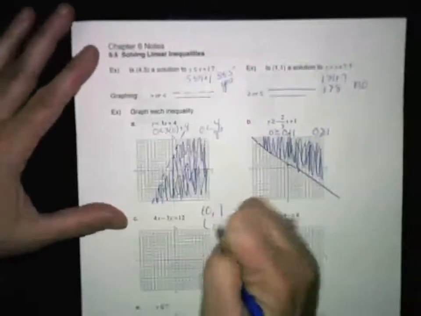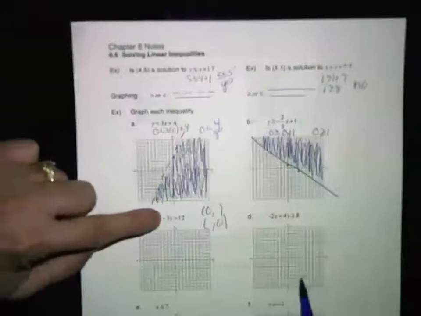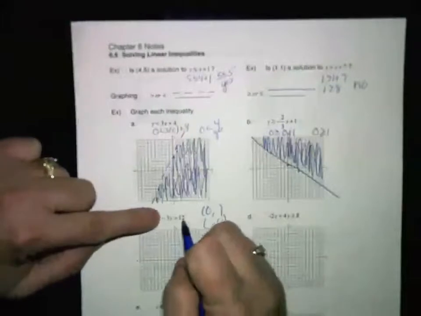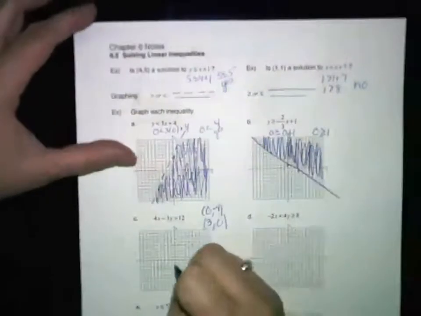C and D, these are in standard form. This is when we let x be 0. 12 divided by negative 3 is negative 4. And then we let y be 0. 12 divided by 4 is 3.